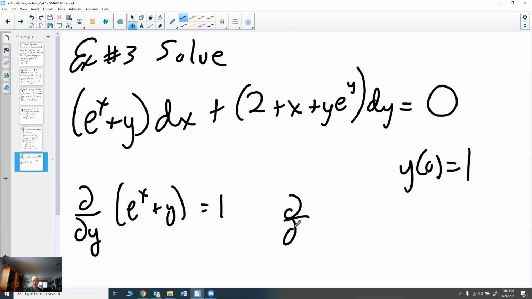Then take the partial derivative with respect to x of 2 plus x plus y e to the y. The partial derivative of 2 is, of course, 0. The partial derivative of x with respect to x is 1. And the partial derivative of y e to the y is also 0 because it doesn't depend on x. So these are equal to each other, so exact.